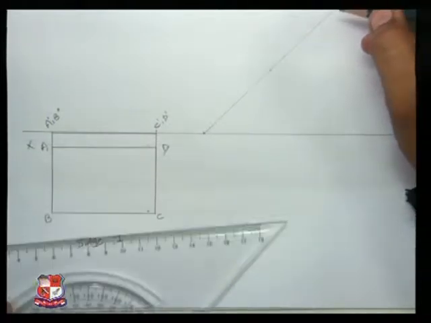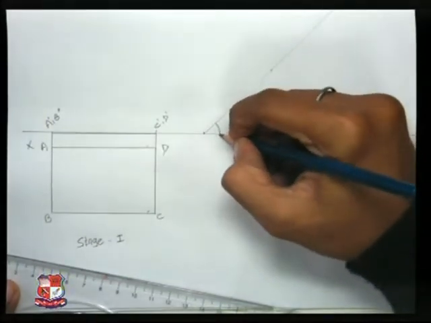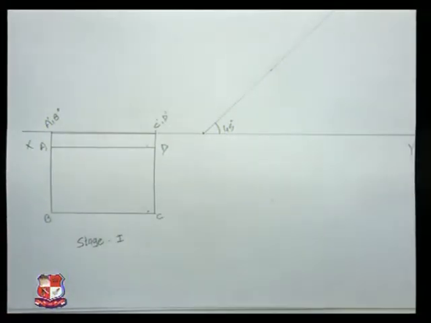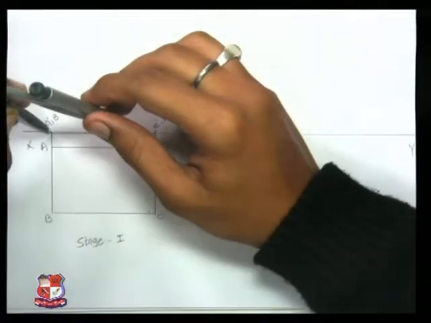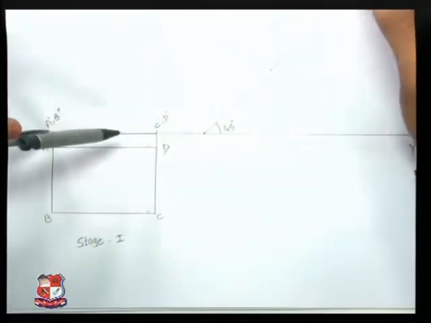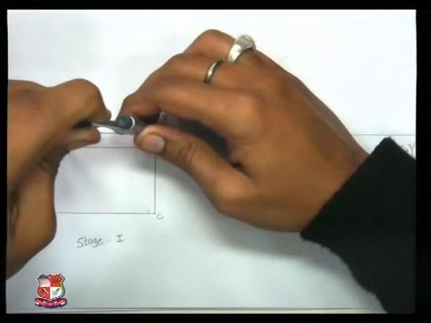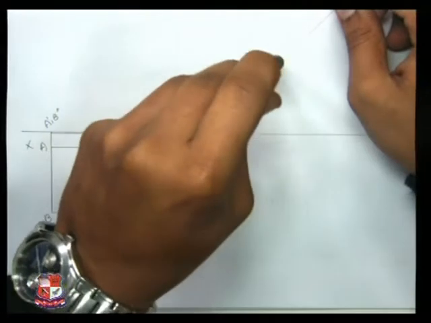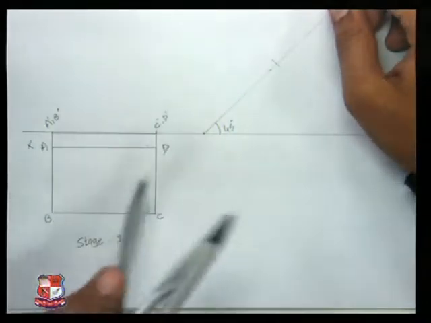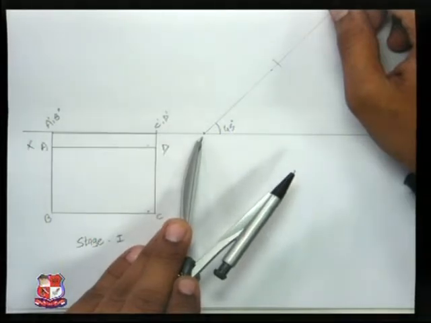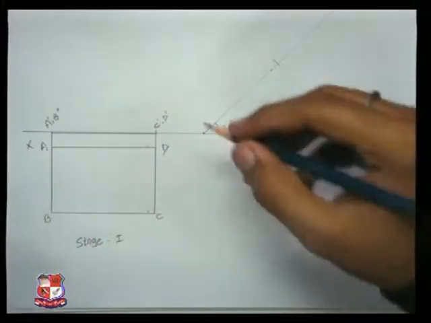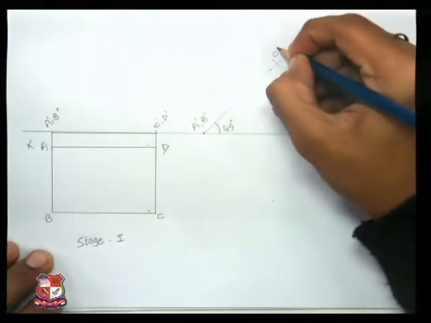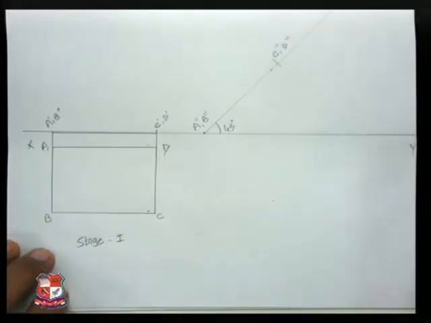I have drawn a reference line on XY line on 45 degrees. Taking A dash, B dash to C dash, D dash as radius, marking an arc on the line, taking center as initial position. Name them A double dash, B double dash, C double dash and D double dash.